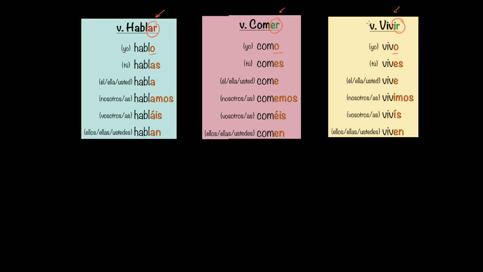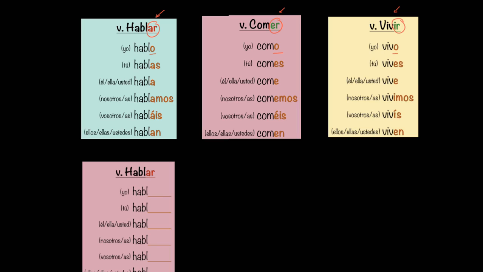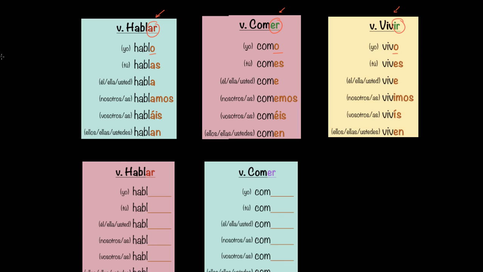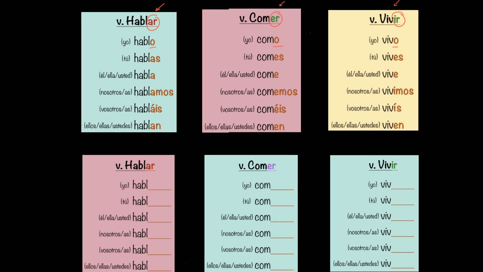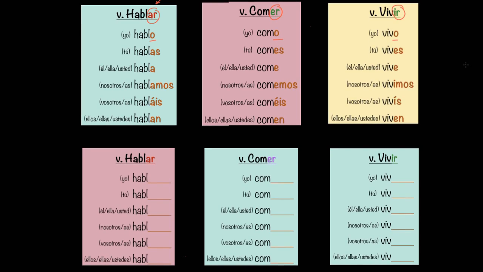Now, what happens with the present subjunctive is very interesting. Look at this. I'm going to show you how we do these three verbs. It's the same three verbs, and we've got them up here in the present indicative. Now we're going to look at the present subjunctive of the verb hablar.